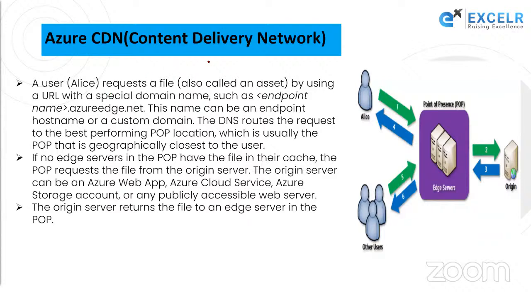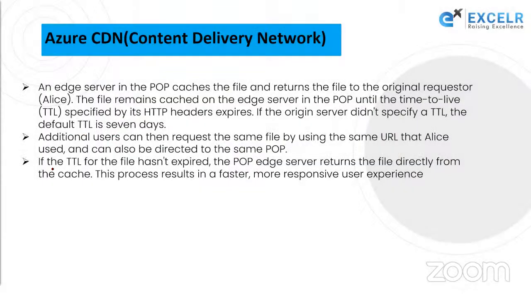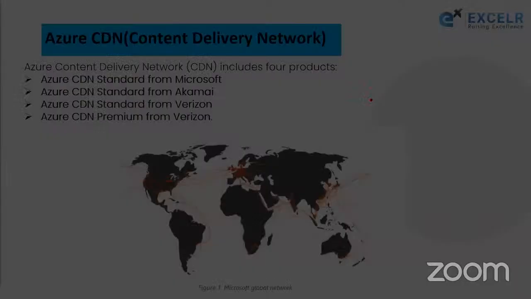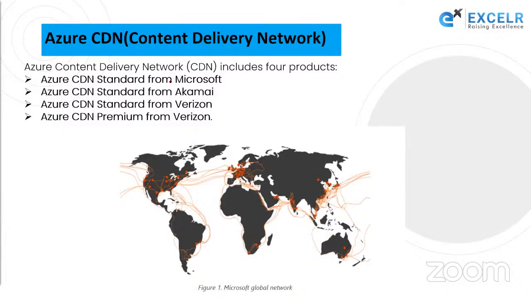Okay, so whatever I have just explained is mentioned in this URL. Any additional user can request the same file by using the same URL, and they will be routed to the POP and will get the content from there rather than going to the original server. Now within Azure, the CDN service is supported by 4 products.